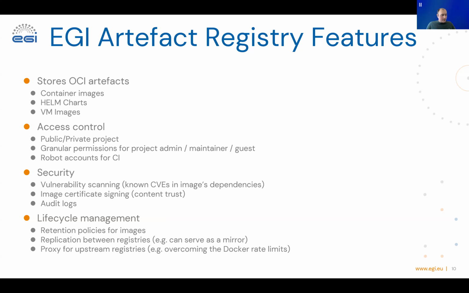Then you can use lifecycle management, for example, have retention policies for the images, to say, for example, that I want the 10 last versions of the container image, and if you push another one, it will automatically delete the oldest one, so you don't use that much space, and you don't have to manage it by yourself, because there is the automatization.